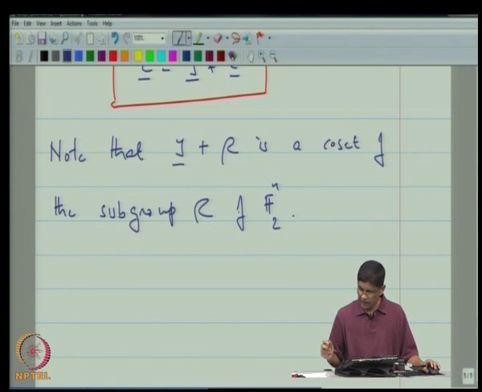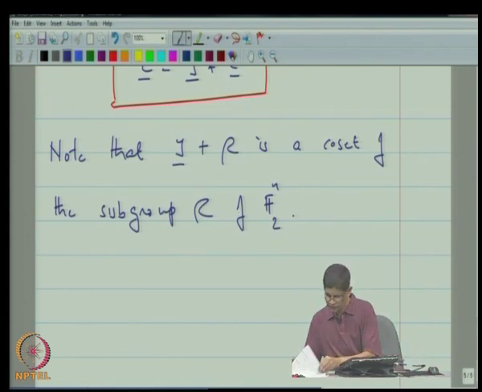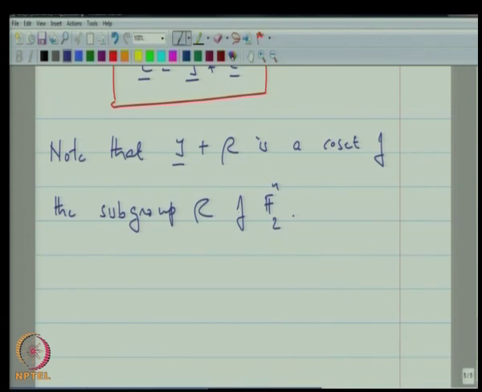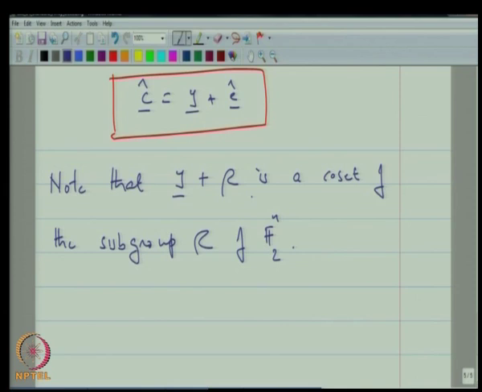All right. And I think at this point it may be good to do an example, but there is one other point I will make.